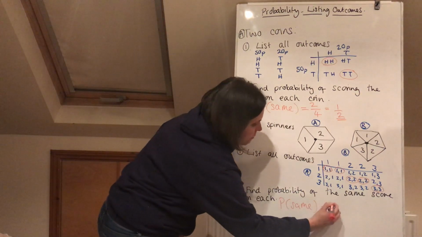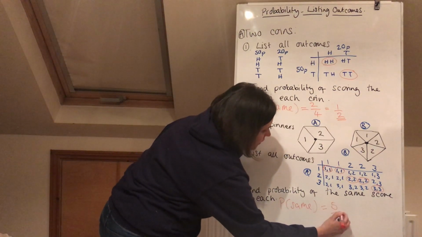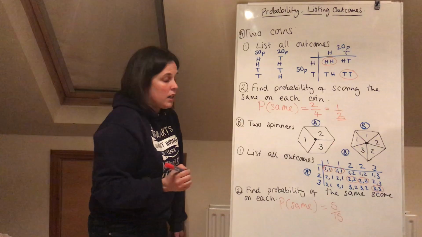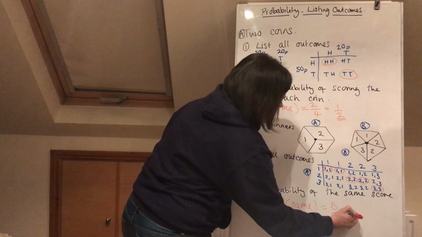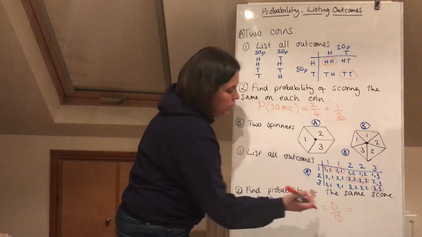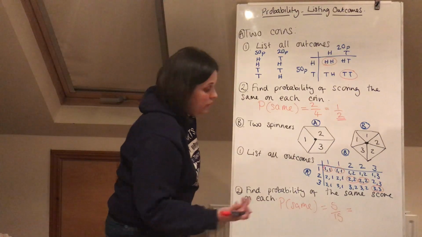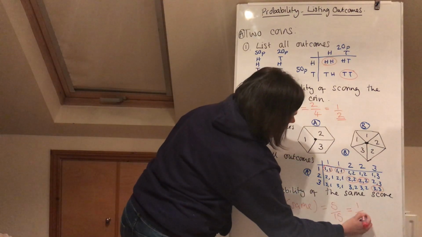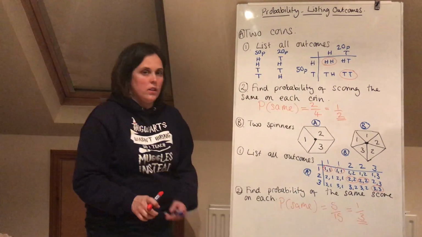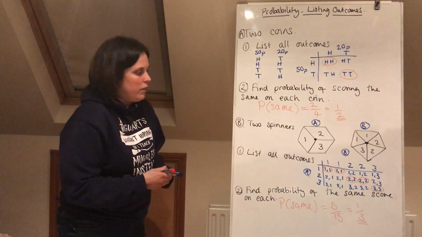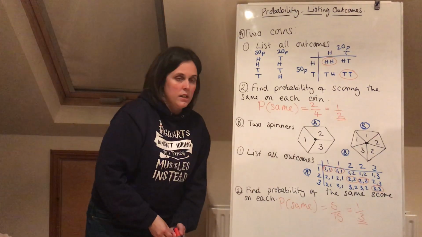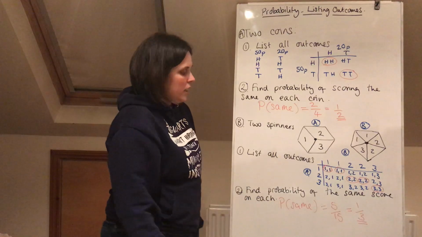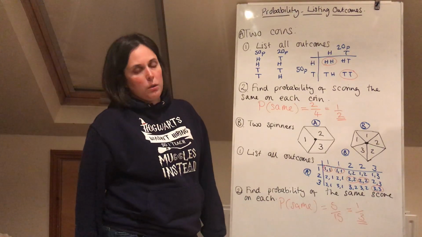So probability of them being the same is 5 out of 15, and that looks like it cancels down as well. So what number goes into both 5 and 15? Well, it's 5. So the answer is a third. Okay. So if you write it out like this, it's a lot clearer, and then you should be able to easily calculate your probabilities.